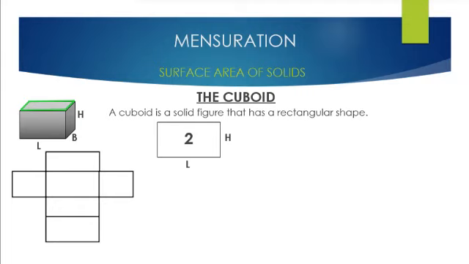Now, let's look at another surface of the cuboid. This time we'll be looking at the top and the bottom. For the top and the bottom, you agree with me that it's got 2 dimensions, the length and the breadth, right? And we know that this rectangle applies to the top and the bottom.